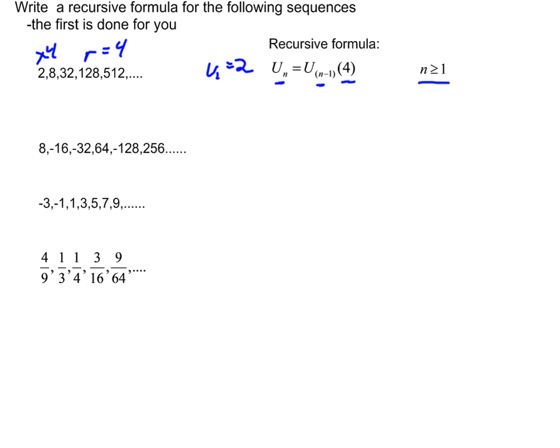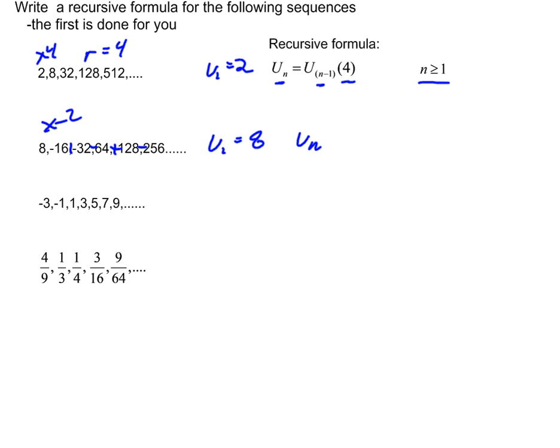On the next sequence, we see that u sub 1 is equal to 8. And this is multiplied by -2. So this should be positive, this should be negative, this should be positive, this should be negative, to make that actually work.